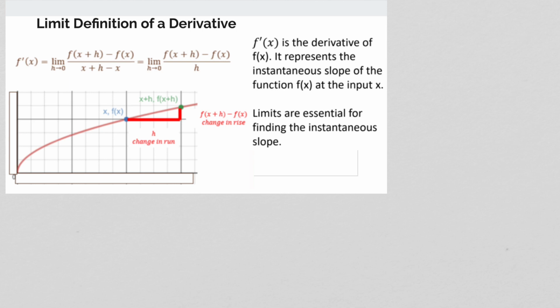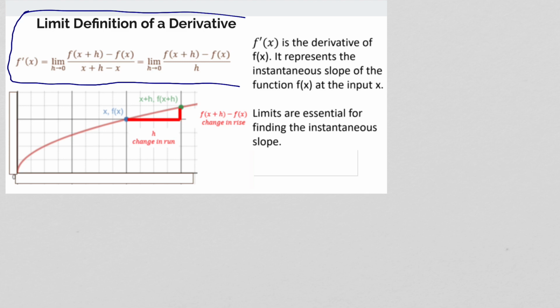Okay, welcome back everybody. Hopefully you completed that card sort. Now we're getting into what a derivative is based on limits. This should be in your notes: this is the actual limit definition of a derivative.